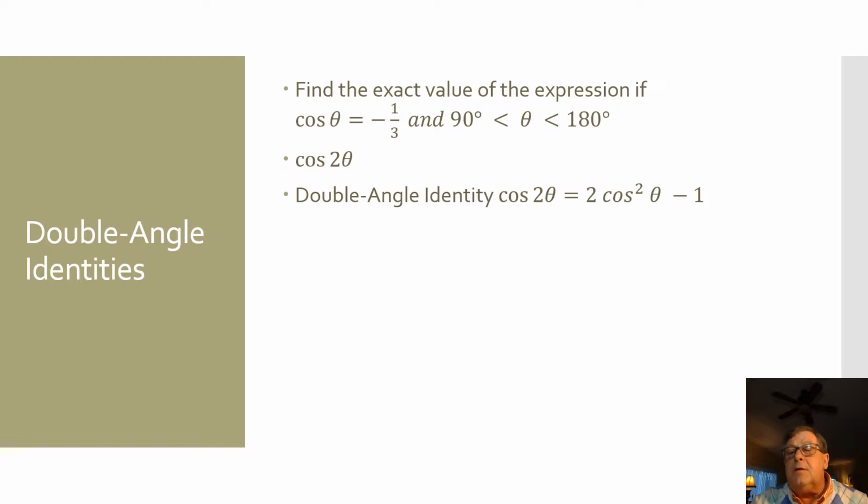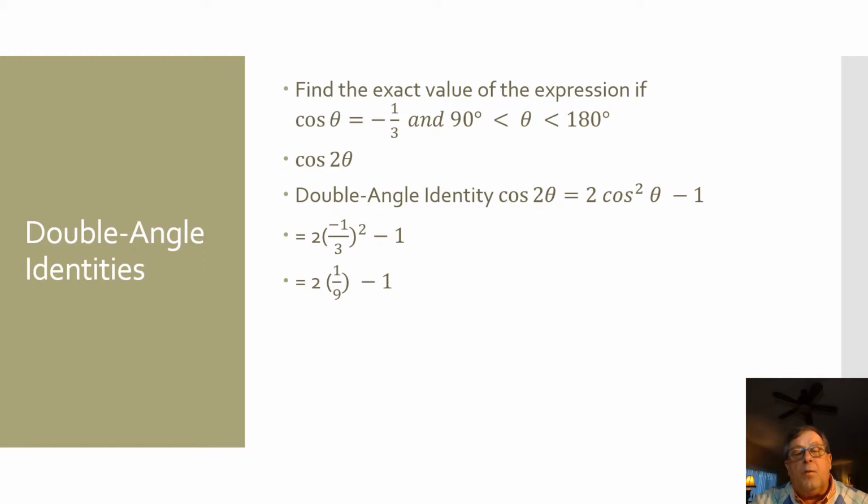And so let's go to the next step. We're going to insert some information. So the cosine of 2 times theta is equal to 2 times -1/3 squared minus 1. Well, -1/3 squared is equal to 1/9. So now we've got 2 times 1/9 minus 1.